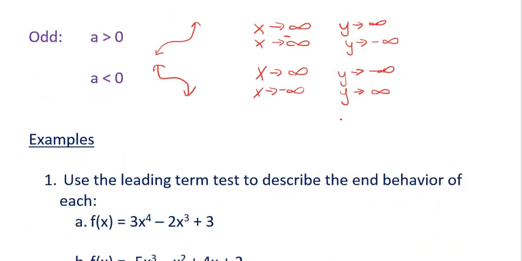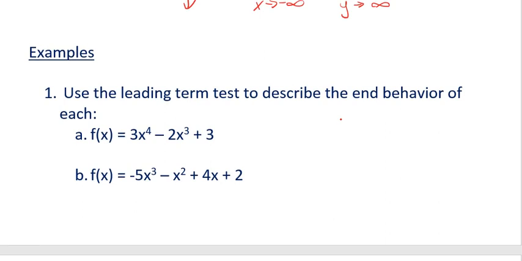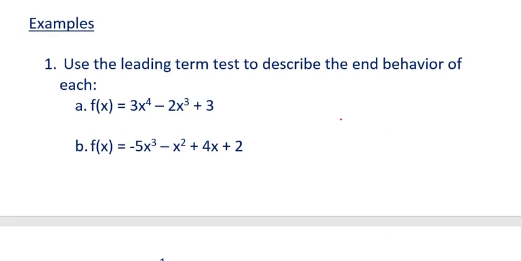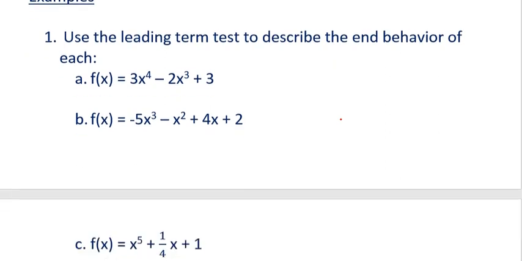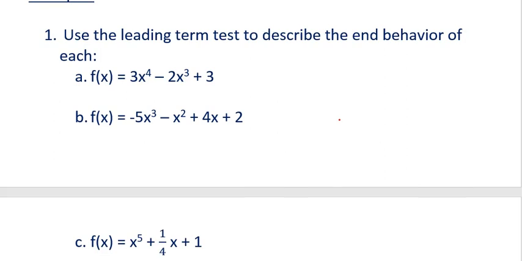Alright, so examples of how they're going to ask you to use this. They want you to use the leading term test to describe the end behavior of each. In other words, we're not going to plug this in our calculator to see what the graph looks like. We should know what the graph looks like based on the power and the coefficient.